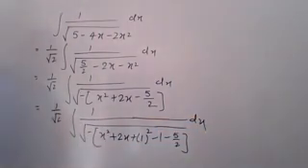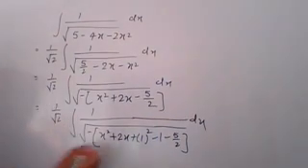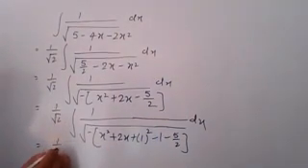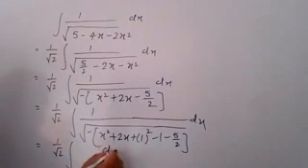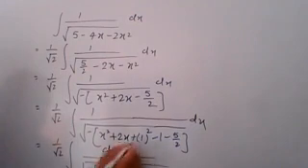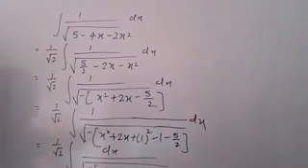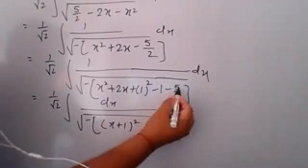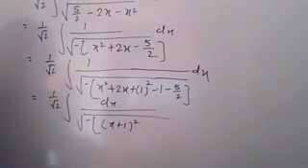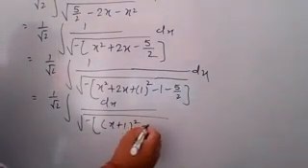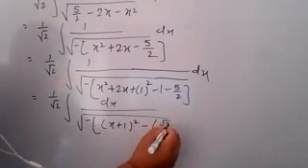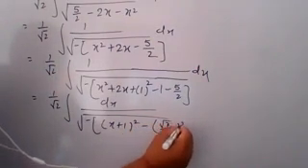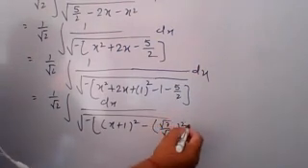So here you have 1 by root 2 integration of dx upon under root minus, and this part is x plus 1 whole square, and if you simplify that, 2 minus 5, so here you have minus 7 by 2. That can be written as minus root 7 by root 2 whole square. Understand?